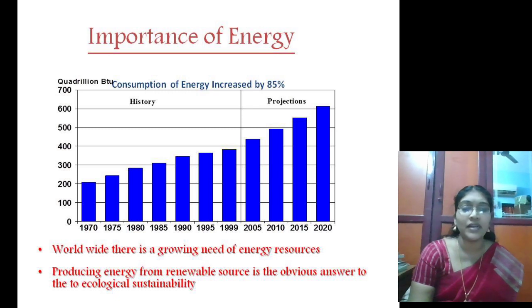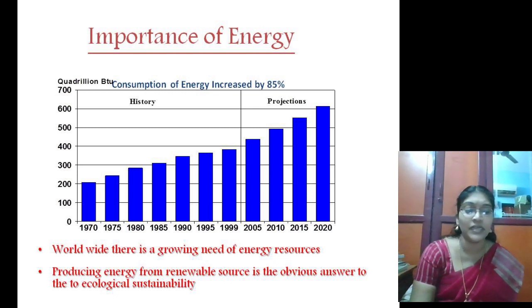So developed countries like USA, Canada, and Germany and other countries, their GDP is very high, and the consumption of energy is also very high. GDP is nothing but the gross domestic product.